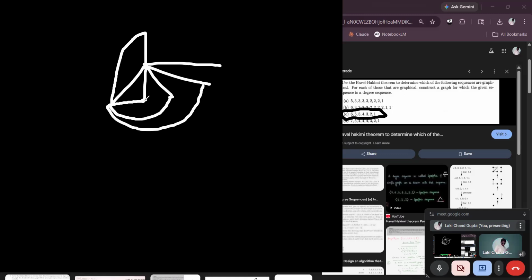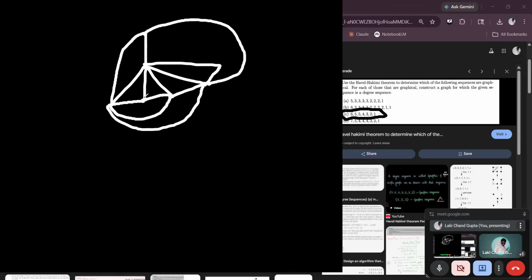Its degree is also 5. 1, 2, sorry, 4. And one is connected with 5 vertices. Right? One vertex has degree 4.